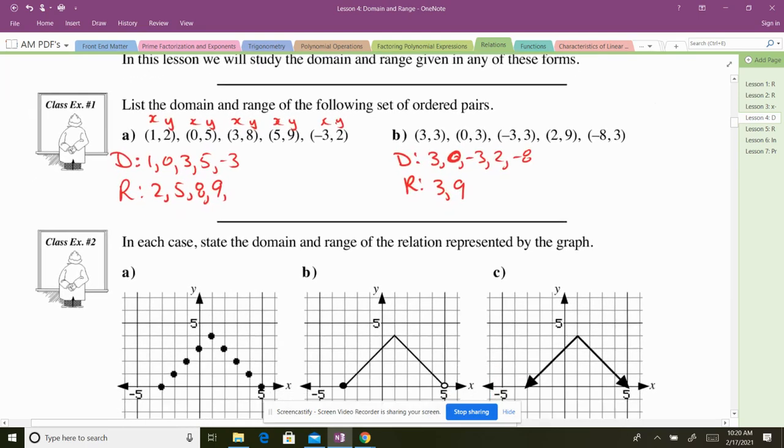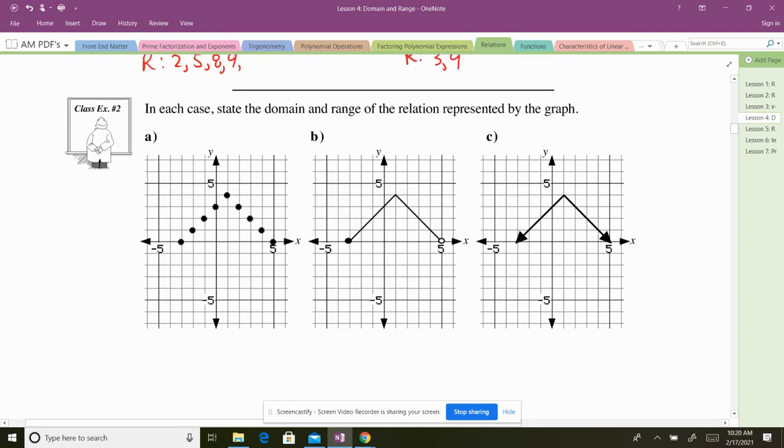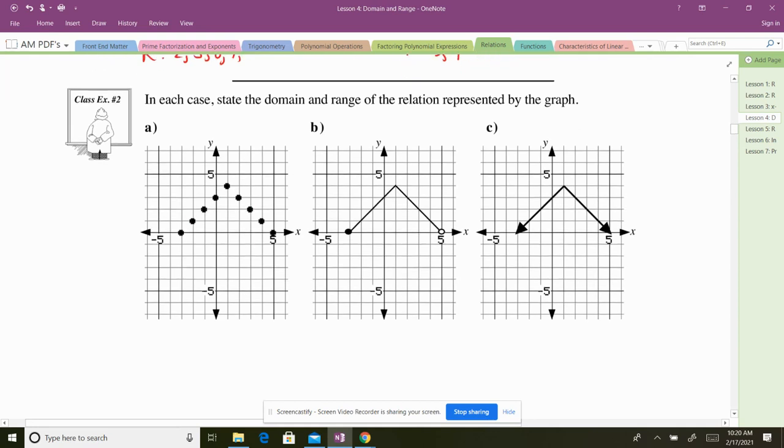Now, most of what you'll see is a graph. So we have 3 graphs here. They're all the same basic shapes, with a few subtle differences. So the first one just has these dots. What does that mean? How are the dots different than a solid line, the other two?